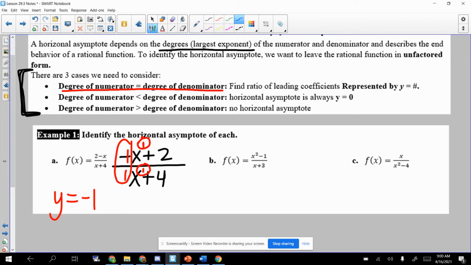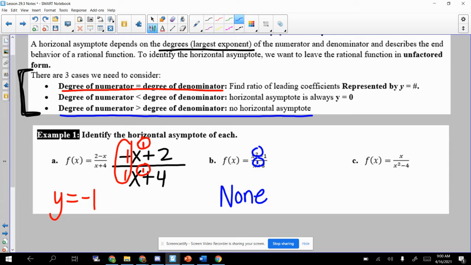For part B, let's again look at the degrees. So we have a 2 on top here on the numerator. And then we have a 1 in the denominator. So because it is larger in the numerator, the degree of the numerator is larger than the degree of the denominator, we are going to say none here. There is no horizontal asymptote.